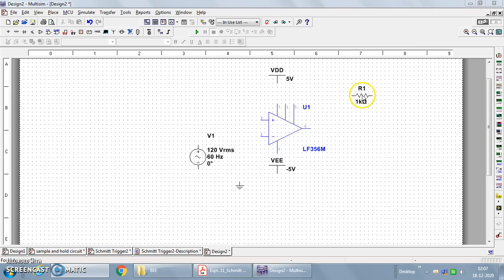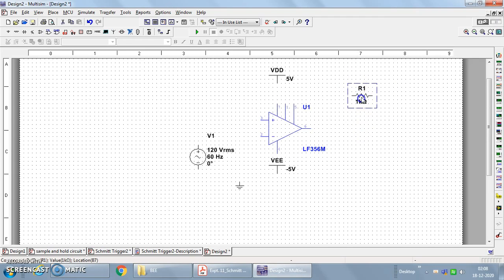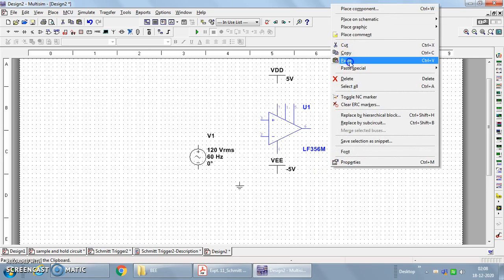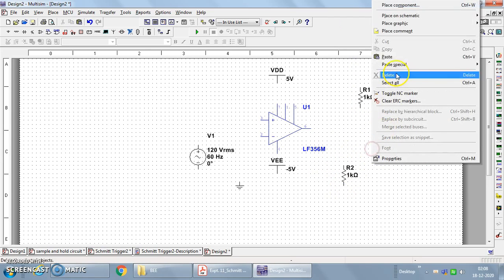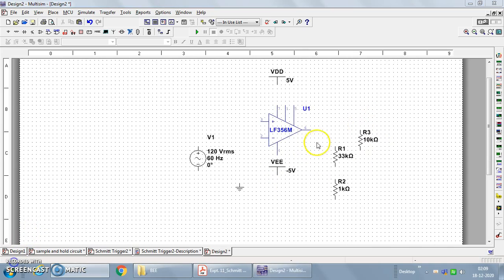Before that, I will make some copies of this resistor, placing this one vertically, since more resistors are required. R1 is a resistor which is required again, and I have just changed the values of the resistors.